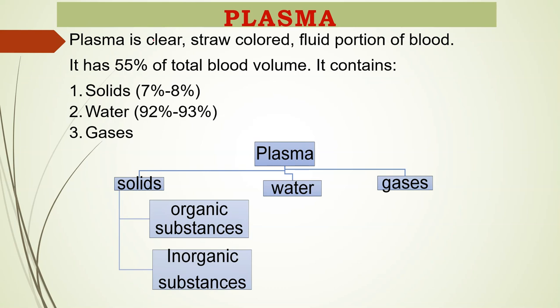Plasma is a clear, straw colored fluid portion of the blood which accounts for a total of 55% of blood, and it mainly contains three parts: solids, water, and gases. The solids can again be divided into organic substances as well as inorganic substances.